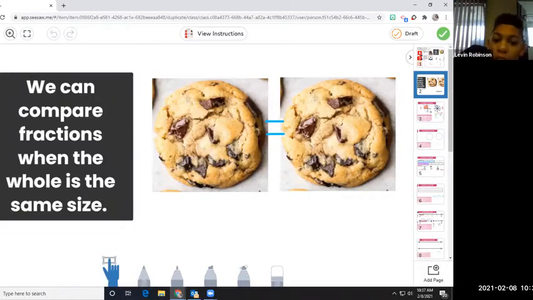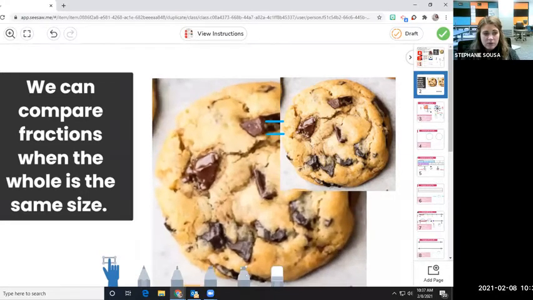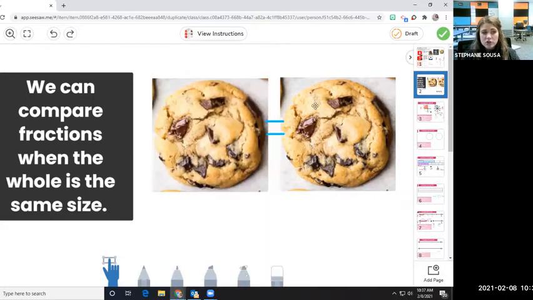Because you would get itty-bitty pieces compared to the other person. Yes. So even if the fraction was the same, like let's say you had 1/2 of a cookie, and then let's say I gave your best friend 1/2 of that cookie, right? Is that fair? You both get a half, but is that the same amount? No. So we got to make sure that the wholes are the same size before we start comparing, okay?